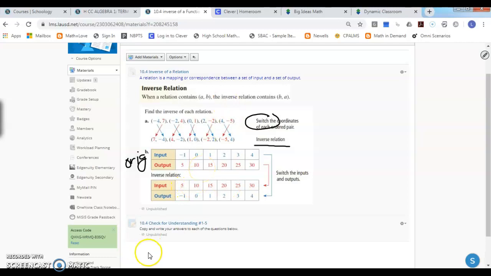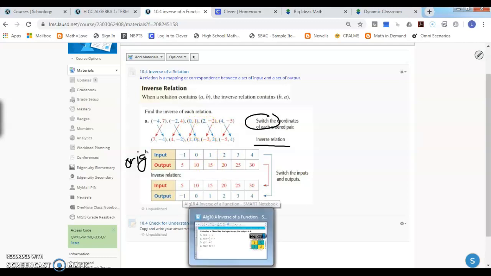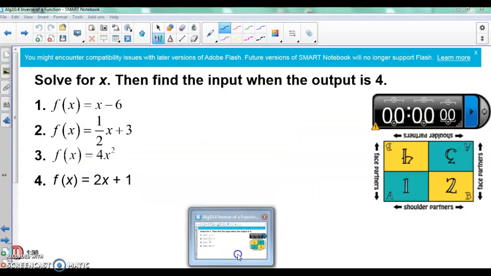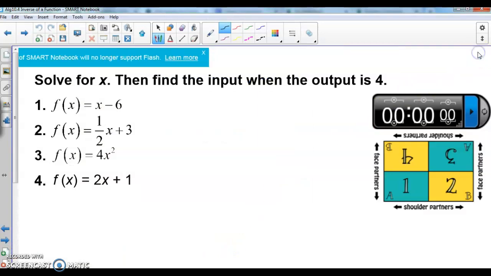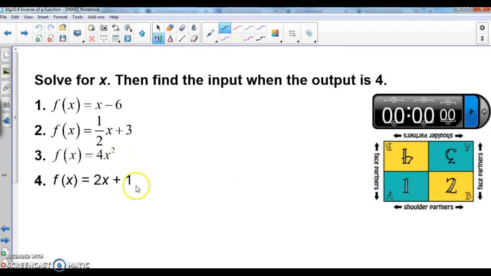Now, since you can interchange the set of input and output for tables and ordered pairs, I think there is also value in looking at how you can switch the input and output for, let's say, a given function.